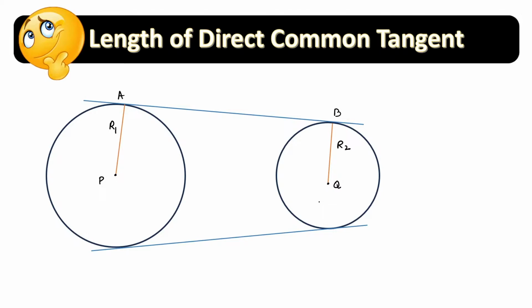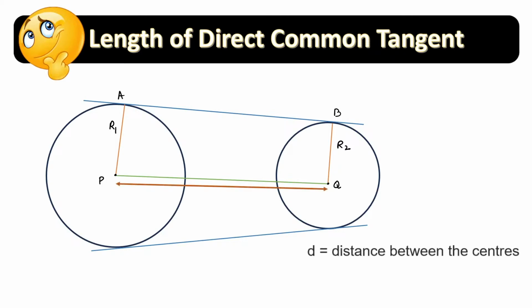Our task is to find out the length of AB, which is the length of direct common tangent. Clear? Let us join the two centers P and Q. Let us denote this distance by D. This is our small d. What is small d? It is the distance between the two centers.